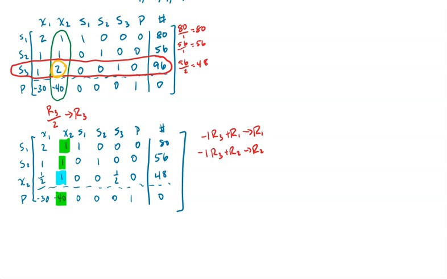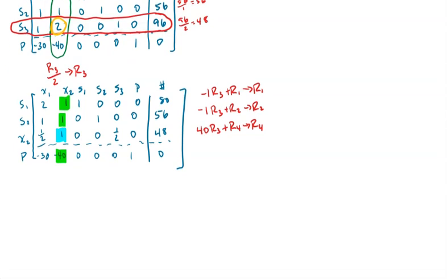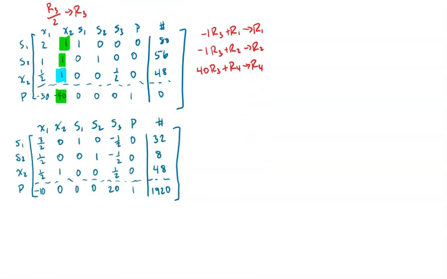And lastly, we're going to need +40 row 3 plus row 4 replaces row 4. All right? So those are the 3 row operations we're going to need to do. So again, hoping you're a little more comfortable with row operations. So I'm going to go ahead and do all 3 of those row operations, and you will see the result right here.